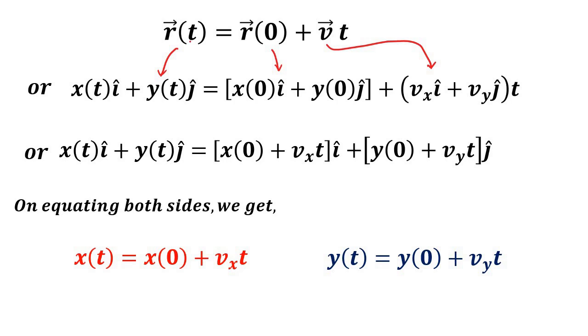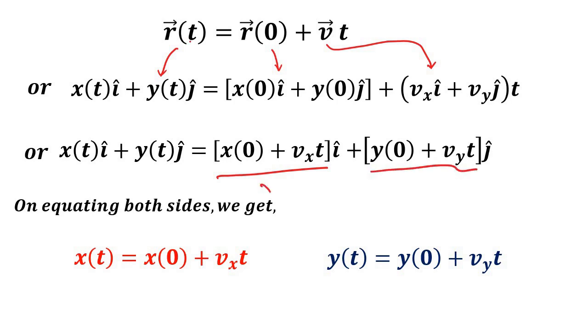Again, rearranging these terms, bringing the i related coefficients on one side and the coefficient of j cap on the other, we have x0 plus vxt i cap plus y0 plus vyt j cap. We have simply rearranged the terms, bringing all the coefficients of i cap on one side and the j cap on the other. This is the coefficient of i cap and this is the coefficient of j cap.